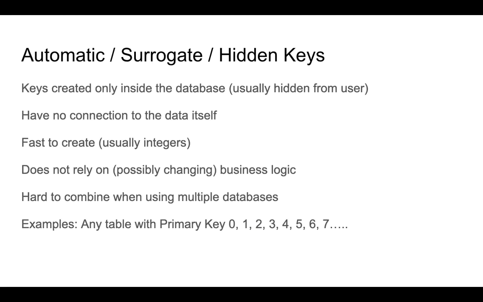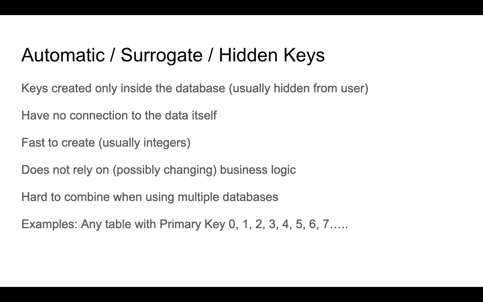So there's basically two kinds of keys. The first one is called automatic keys, or surrogate, or hidden keys. They're all three different ways of basically saying the same thing. These keys in your MySQL tables are created inside the database, usually automatically, and usually they are hidden from the user.